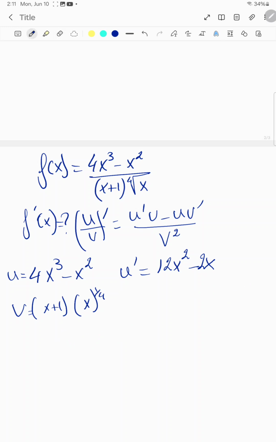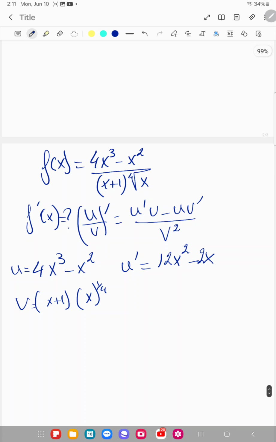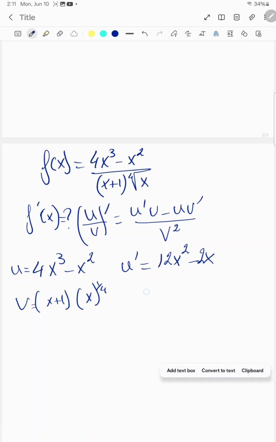My v looks like w times z, and its derivative is w prime z plus w z prime.